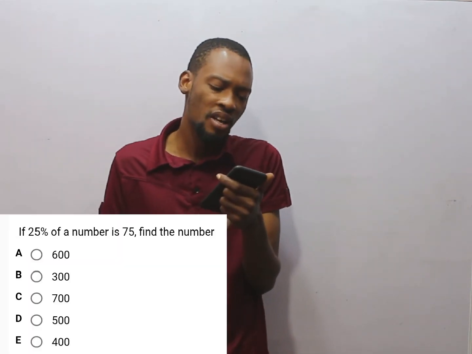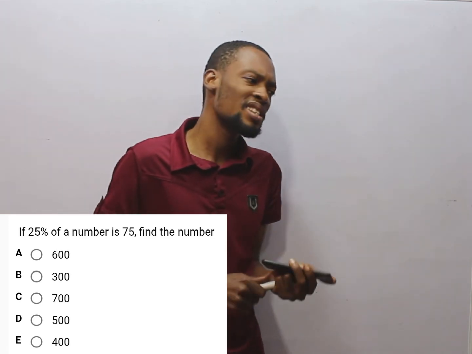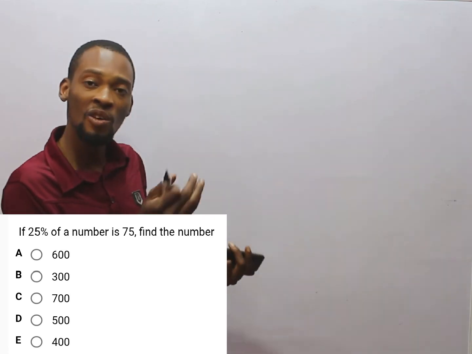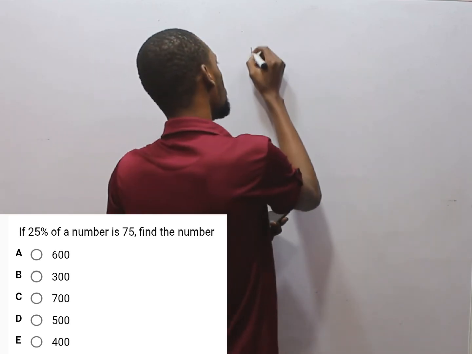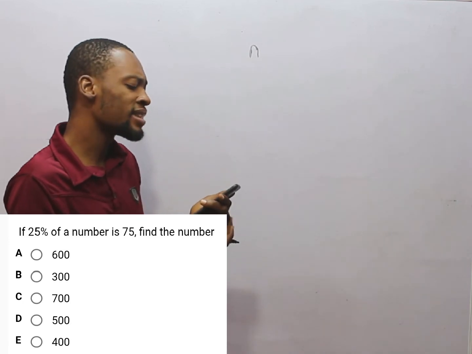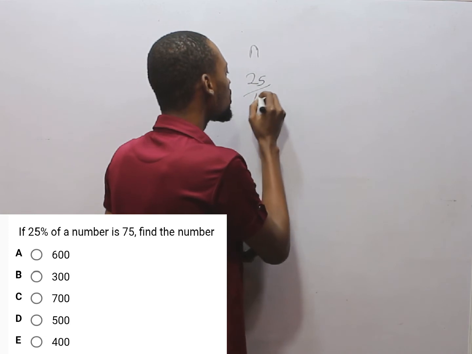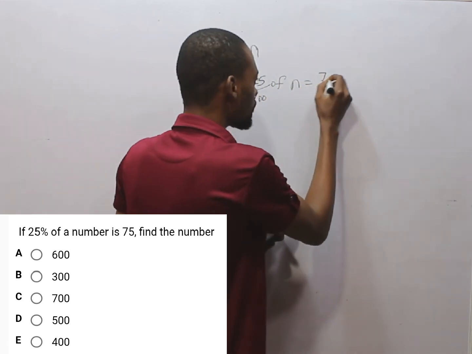If 25% of a number is 75, find the number. Remember, in mathematics, when you are looking for something, a number, we represent it with S, Y, or any alphabet. In this case, let's call the number n. 25% of a number simply means 25 over 100 of n is equal to 75.